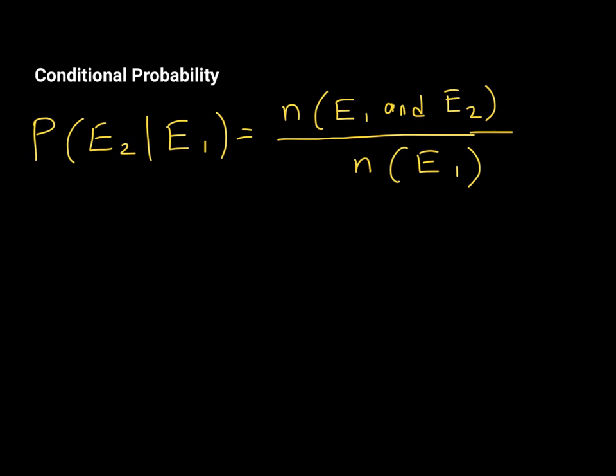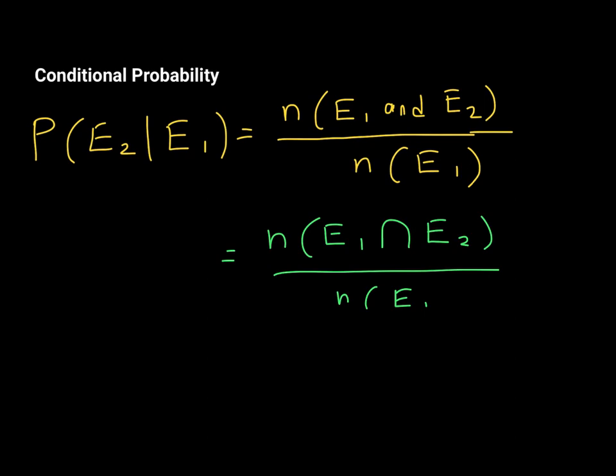I kind of prefer it written this way, by the way. The number of sample points in this set, instead of the word and, use the intersection symbol. This is how I will write it instead of using the word and, okay? All right, cool.